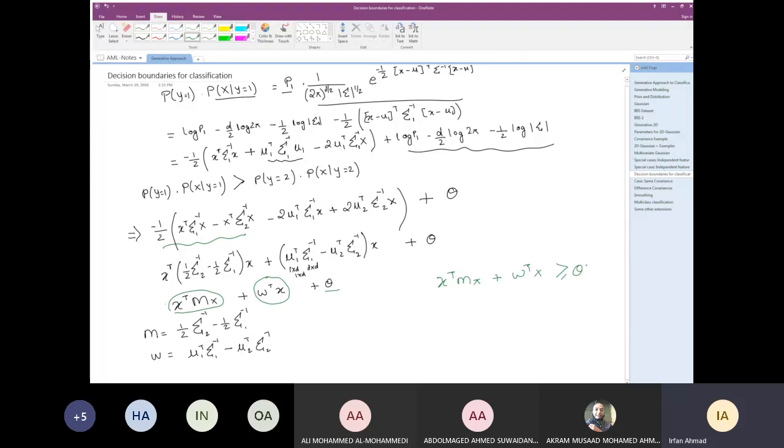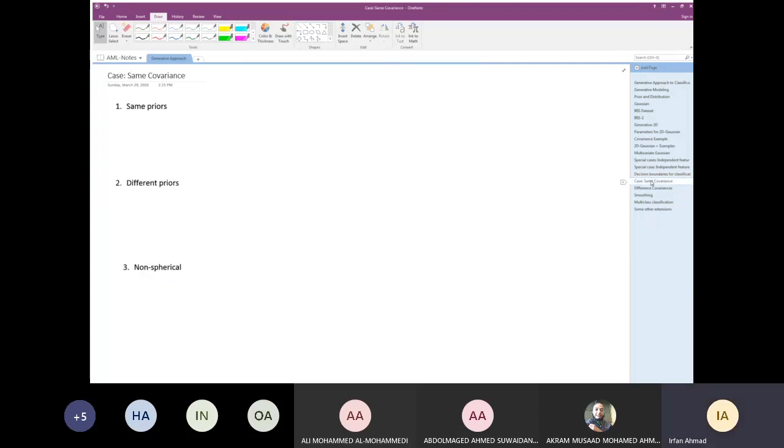Now let's take some special examples. This is very important to keep in mind, to understand why generally speaking the decision boundary would be a quadratic. Now we are going to speak about the same covariance.